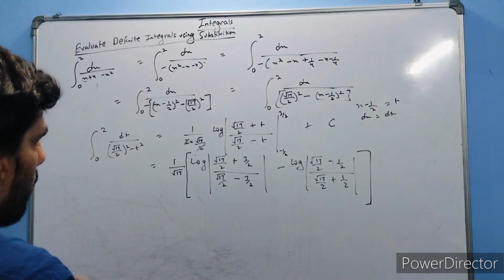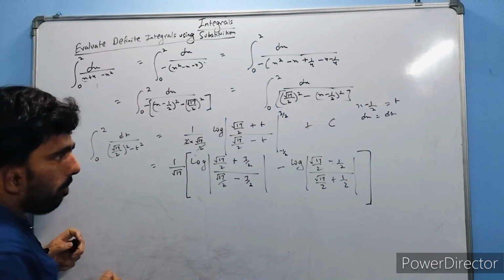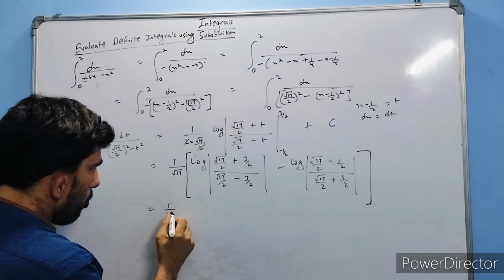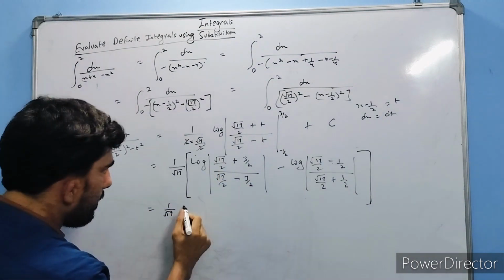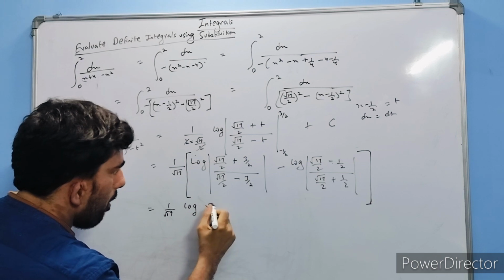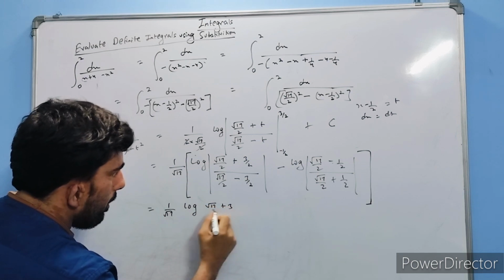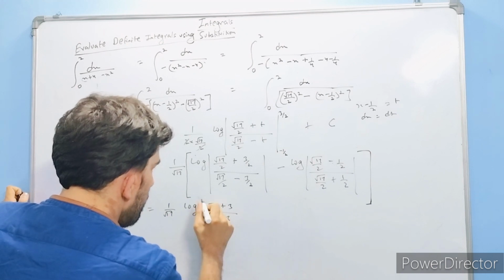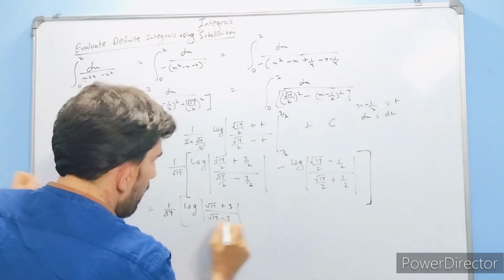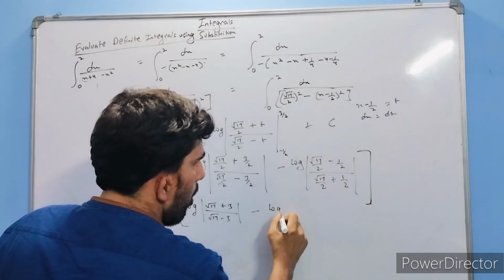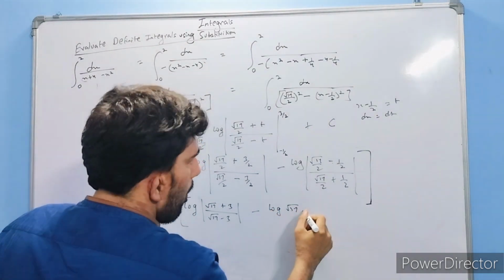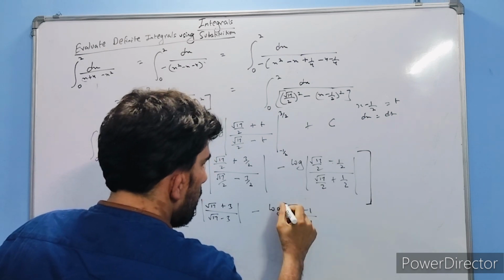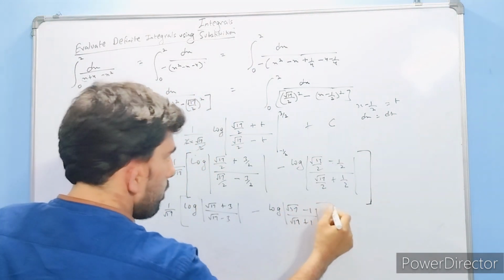Now what we can do here, we are taking 2 LCM here, so I will get 1 upon root 17, the 2s will be cancelled. So now I have left with root 17 plus 3 upon root 17 minus 3, minus, here I will have log root 17 minus 1 upon root 17 plus 1. Okay, so now I have this much.